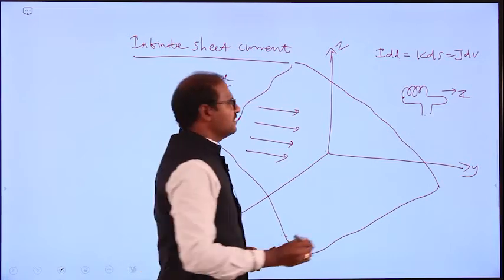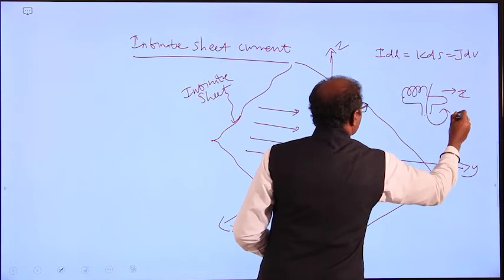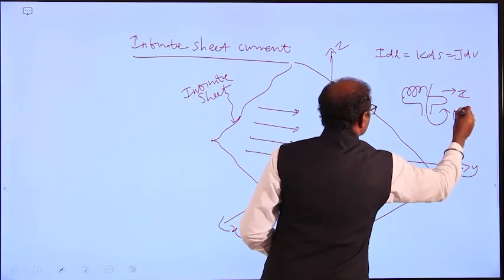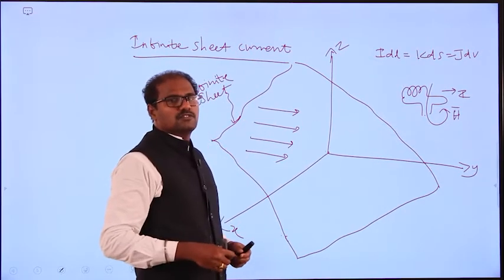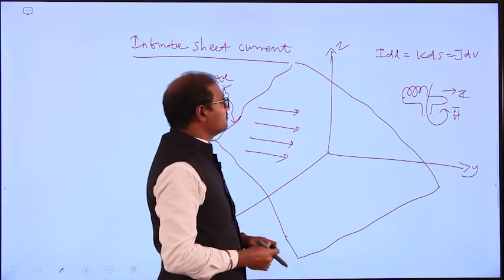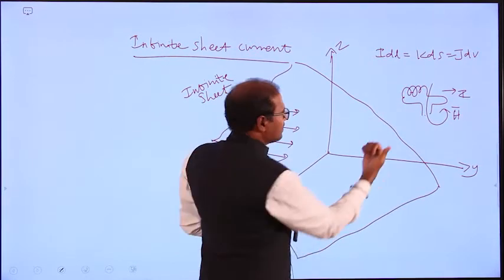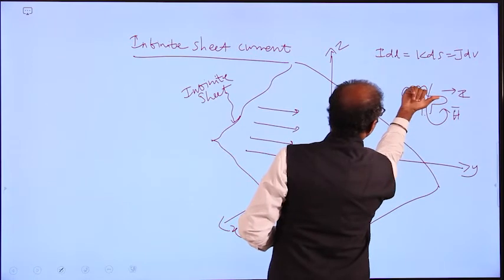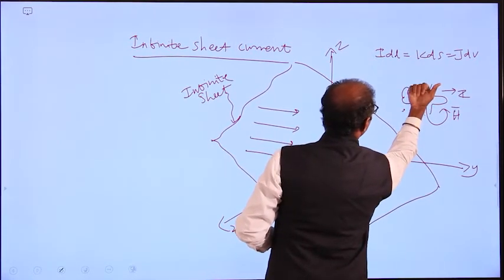The magnetic intensity H will be like this, along the direction of the fingers.